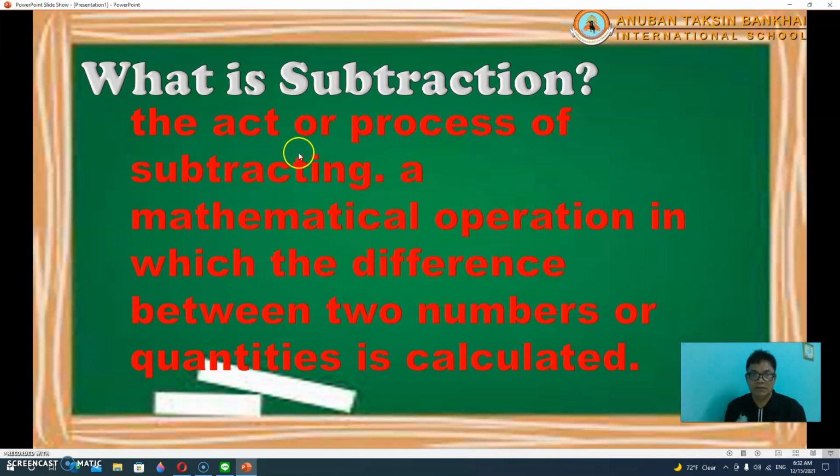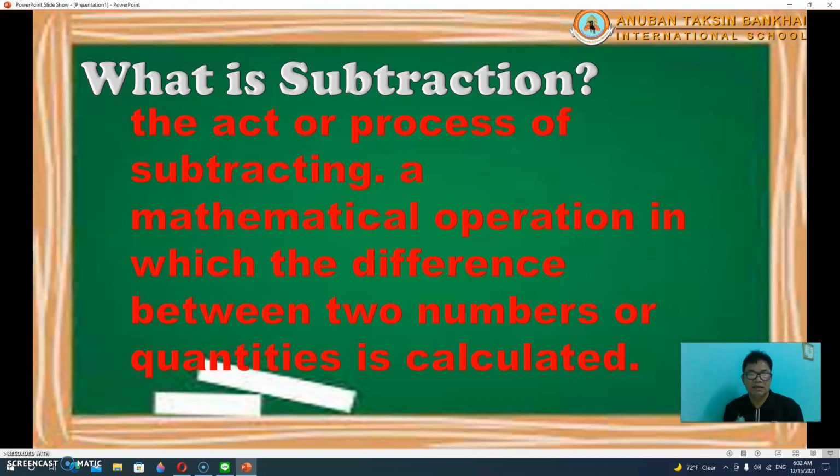So what is subtraction? It is the act or process of subtracting: a mathematical operation in which the difference between two numbers or quantities is calculated.